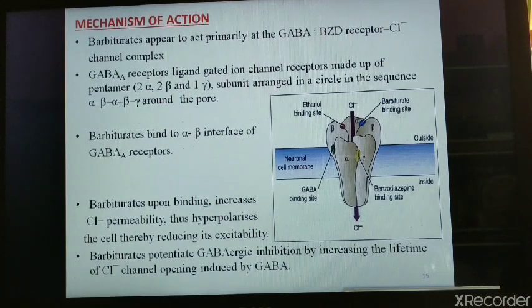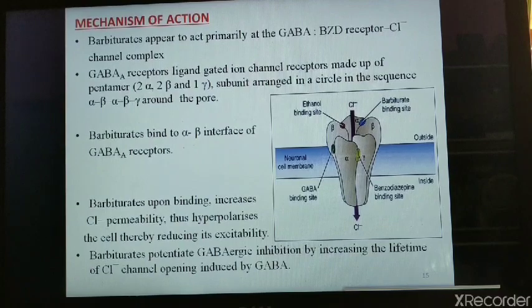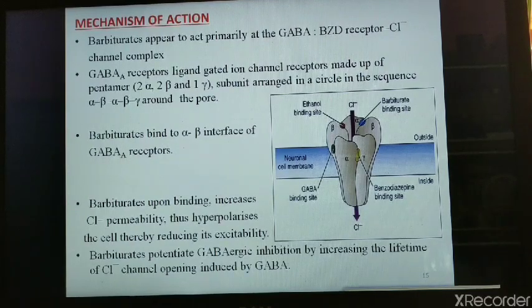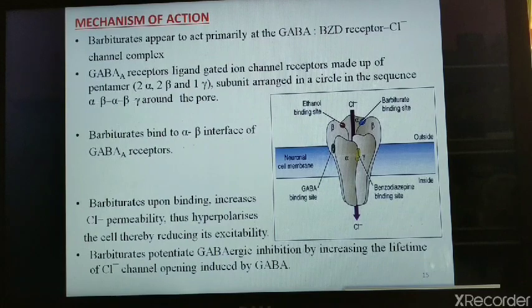Now, after binding, it facilitates chloride ions, which are negative ions, to get influxed into the cell and finally hyperpolarizes the cell. Barbiturates potentiate GABAergic inhibition by increasing the lifetime of chloride channel opening induced by GABA, whereas benzodiazepines increase the frequency of GABA channel opening.